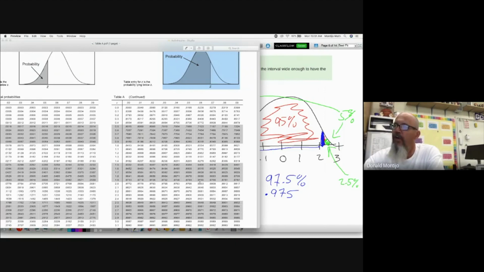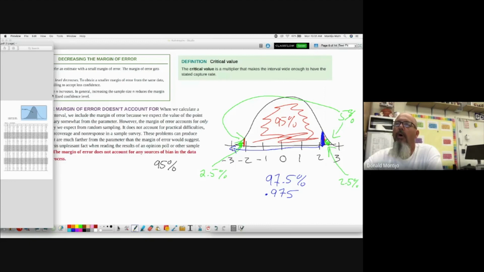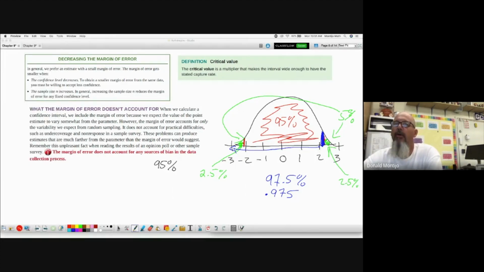So that critical value, that multiplier that I'm looking for, has a z-score of 1.96. So now I know what my critical value is, or my multiplier that I'm going to use for this confidence interval.